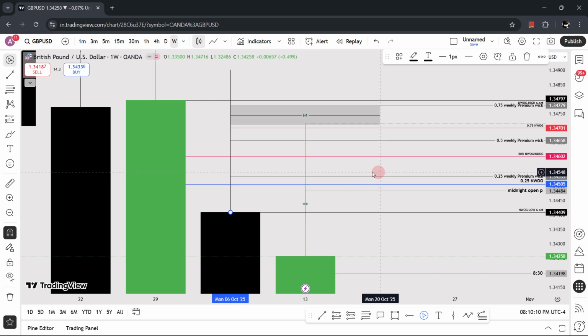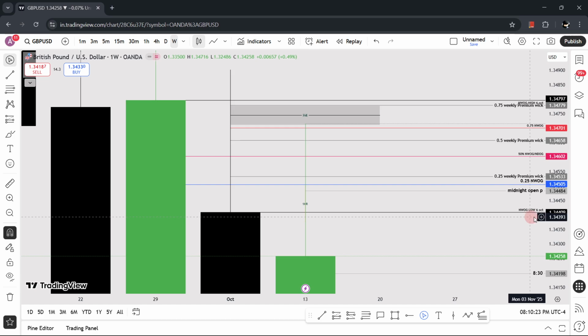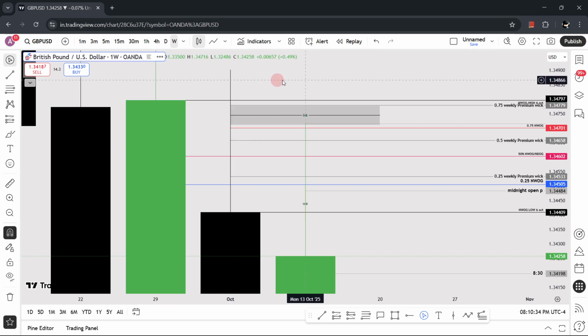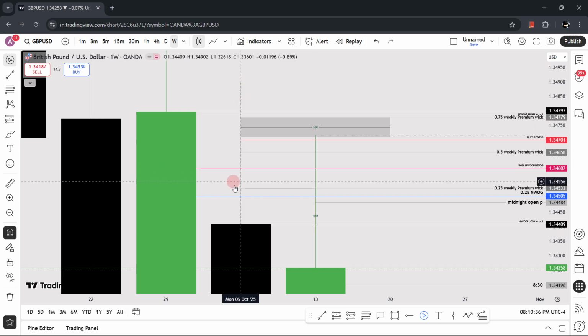Okay, what I want you to focus on is the weekly opening gap that I have annotated here. You can see new week opening gap low, 6 October, and new week opening gap high, 6 October. I want you to have a look at the encroachments of this. And one more thing is there.